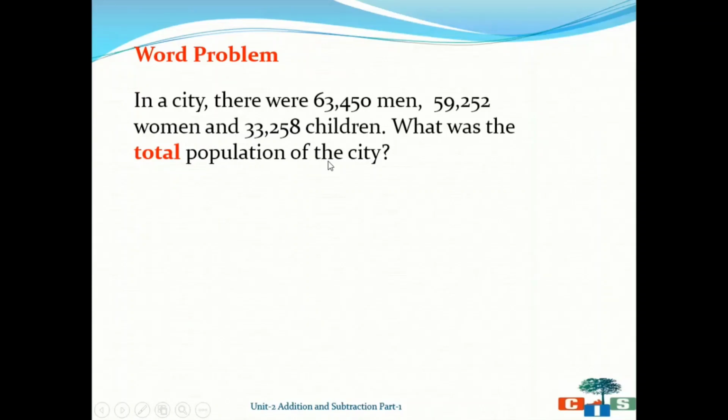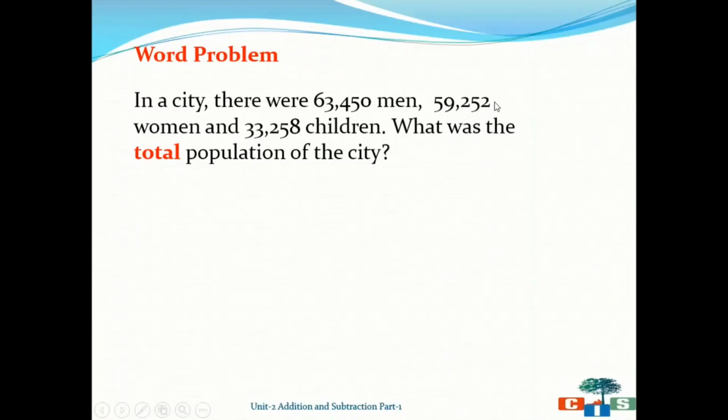How do we do that? First of all, see the number 63,450. What does this number tell us? This number tells us that there were 63,450 men in a city. So the first statement will be: number of men is equal to 63,450. Now see the next number, 59,252.